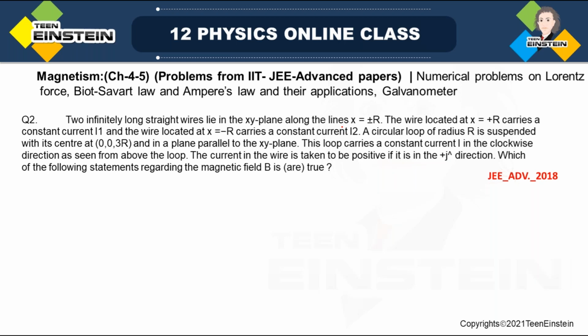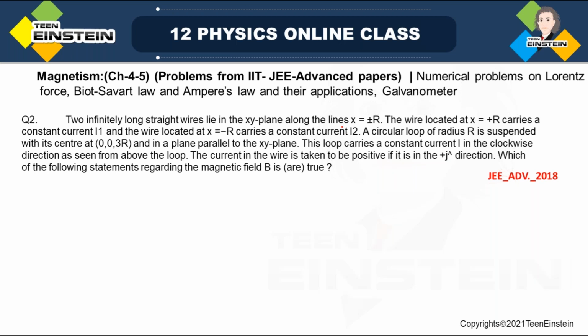But the magnetic field produced by this particular loop is in the opposite direction. Since it is in the clockwise direction, the magnetic field produced by this loop will be in this direction. So at this position, there will be a non-zero magnetic field.